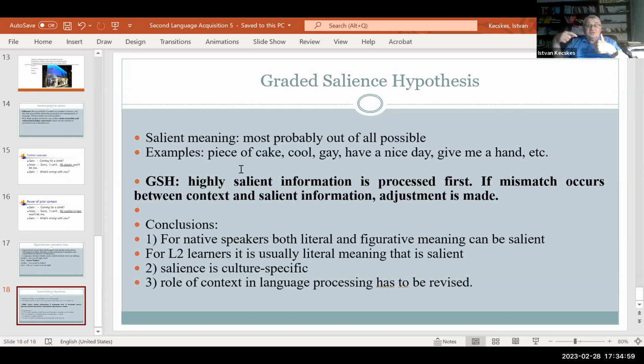So what is interesting here? If you start a conversation in English, no matter whether this is British, Australian or American English, and a woman starts with "I met someone yesterday," that means some kind of romantic meaning is included. It's salient in the expression. So when she says, "He is a police officer," what about the other woman?